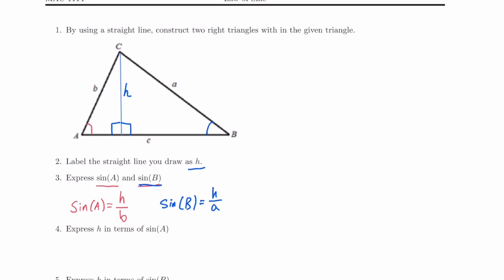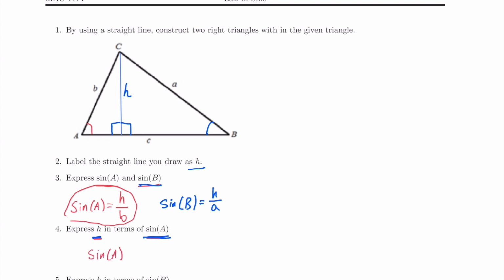So fourth step, express H in terms of sine of A. Make sure you use red color. This one I'm going to express as H, which means I'm solving for H. I want to isolate the variable H by itself.